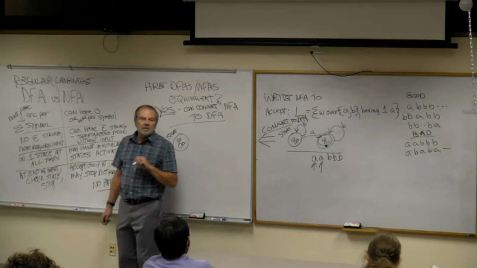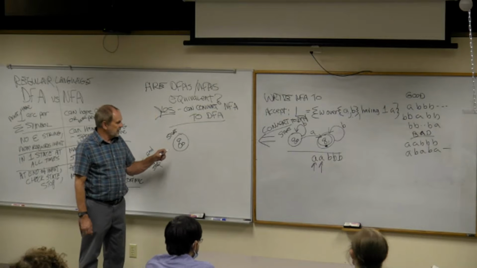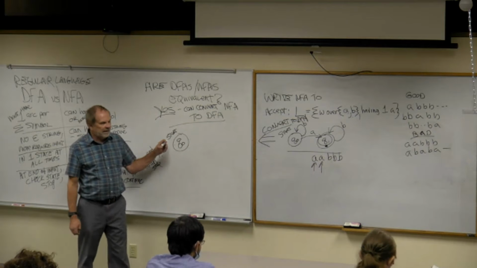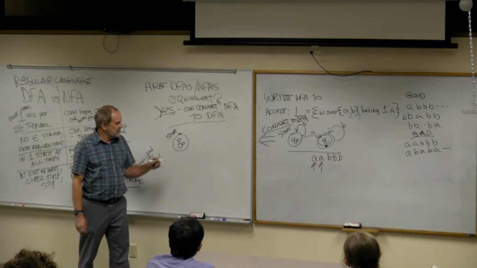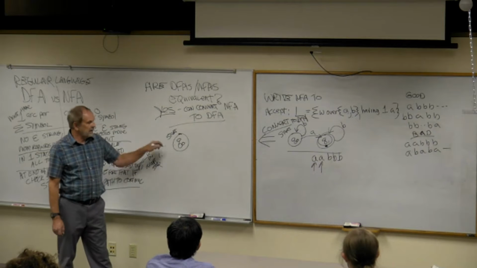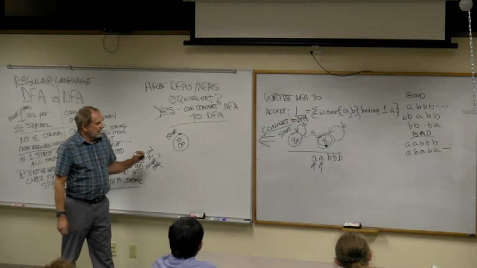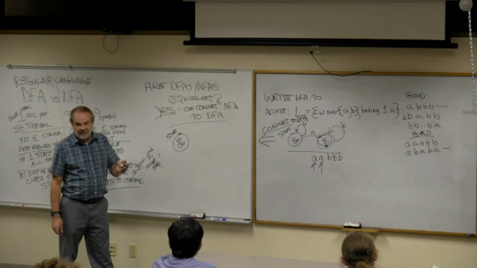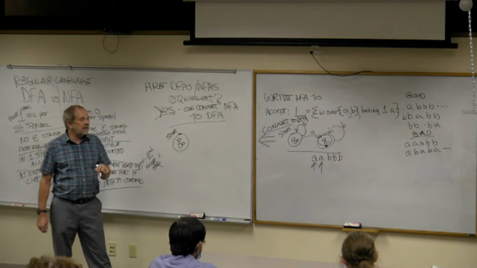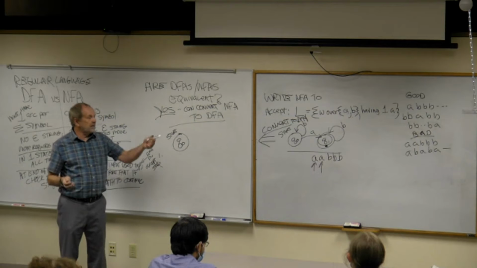I have a handout for you, so you can follow along, and I will also post it. So from that initial state, for each symbol in the alphabet, figure out where the NFA can go.